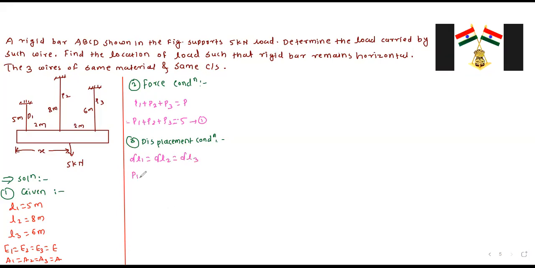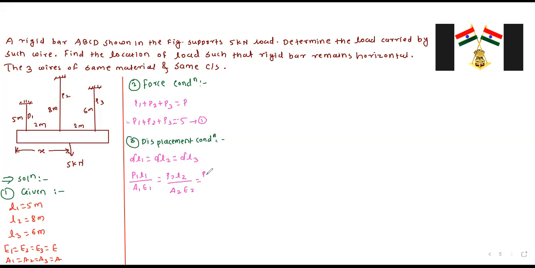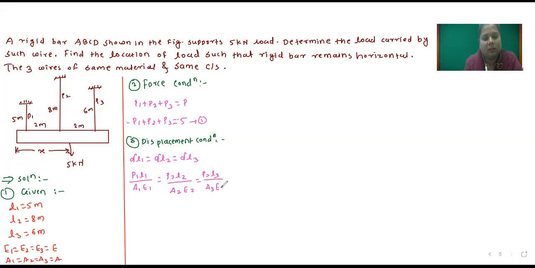So P1 L1 divided by A1 E1 is equal to P2 L2 divided by A2 E2, which is equal to P3 L3 divided by A3 E3. So first we will consider these two, and then we will consider the remaining two.